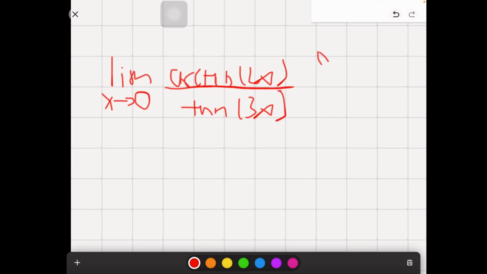So this is in the form 0 over 0, which means we can use L'Hopital's rule here.